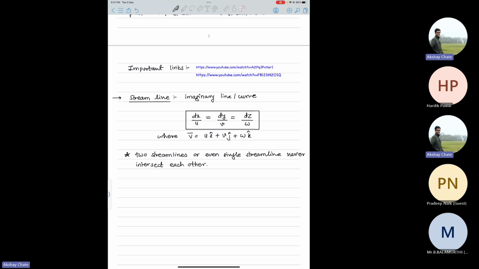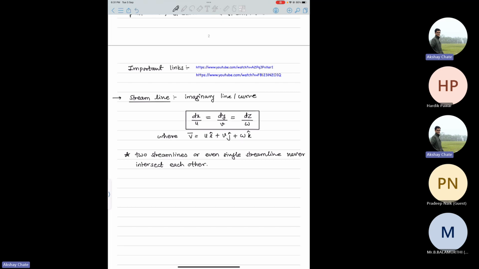What I mean is, if there are two streamlines in a fluid domain, they will never intersect each other, because if they intersect, there will be a point of intersection. And at that point, if you draw two tangents from two streamlines, one point will have two velocities, which is not physically possible. So streamlines never intersect, and one streamline cannot intersect itself also.